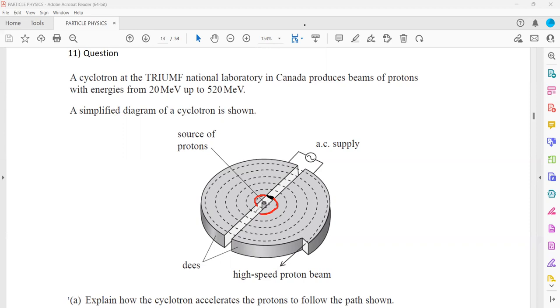But this acceleration is not in terms of the magnitude of speed or velocity. It's in terms of change in direction. So between the plates it changes the value of the speed, but within the D's it does not change. That's how the particle is accelerated to a very high speed.